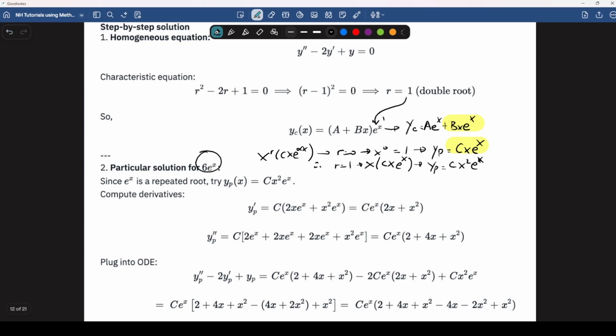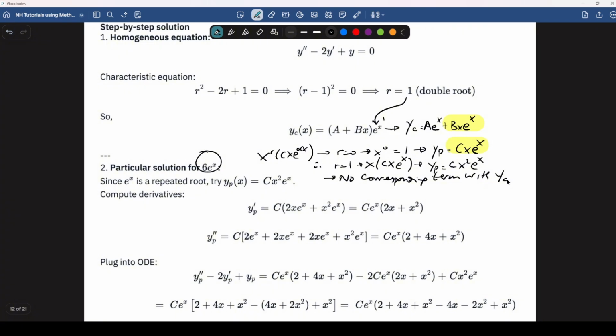Again, we check for any corresponding term in yc. From here it is clear that it is different. There are no corresponding terms with yc.